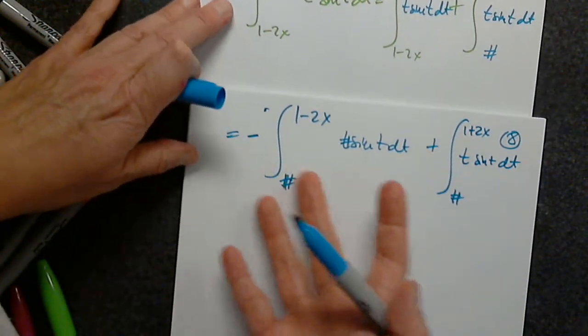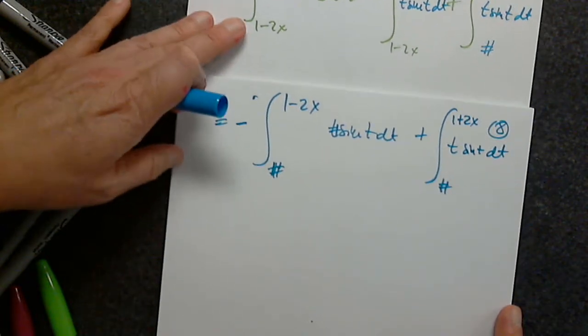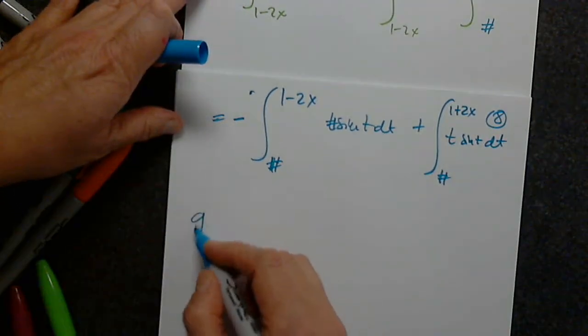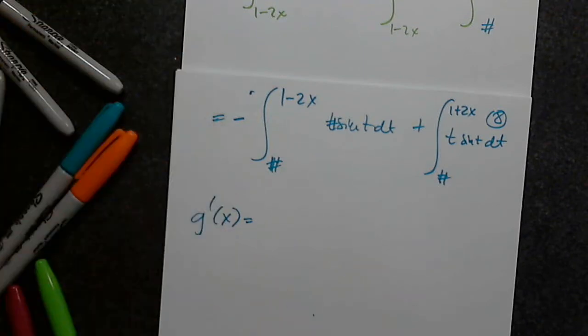And now both integrals are ready to be differentiated. And then g prime will be, help. What will be g prime? Negative in front. And then what?